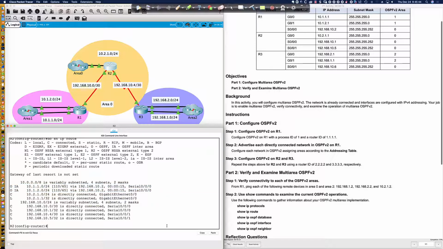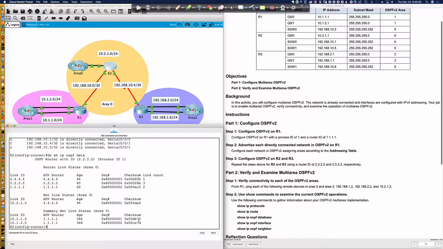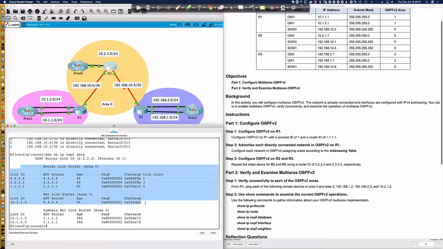Well, how would I see that? Well, remember, do show IP OSPF database, right? Remember, this is going to show router 2's link state database. And here I'm proving to you, do you see the type 1 and type 2s from area 1? Where are those?